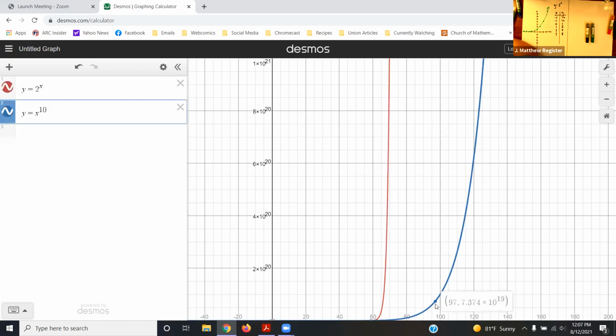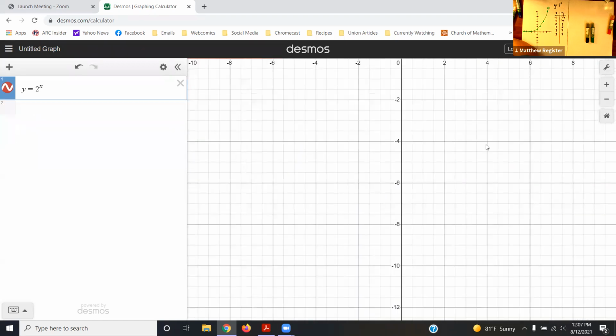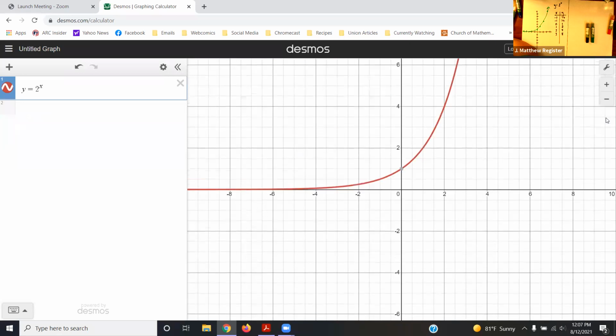With our x to the 10th at 70, we were only at 10 to the 18th. And so this is already 100 times as large. Exponentials get big fast. And that's the big takeaway there. Oop, let's go home. There we go.